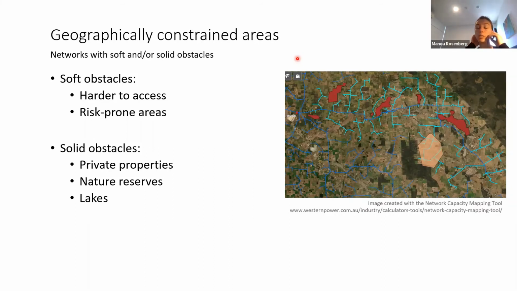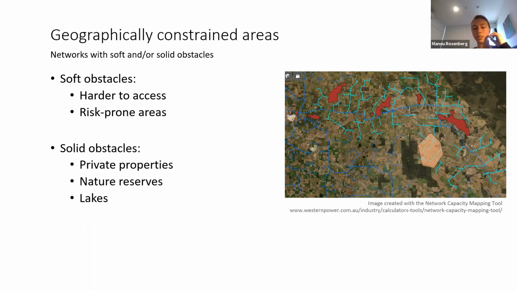We have to build our network around them. They might be private property or nature reserves or lakes or other areas. We might also have areas that we can build through, but at a higher cost, which we can implement in our cost function. For example, areas that are harder to access or very risk prone.